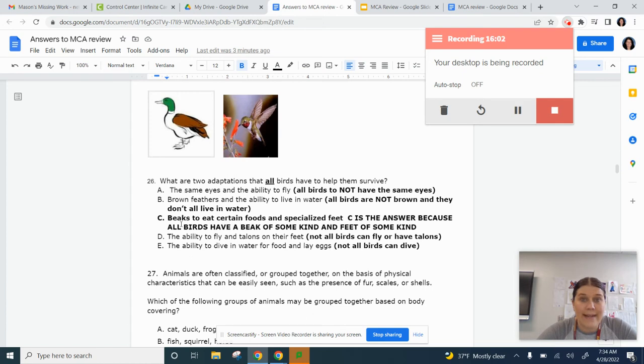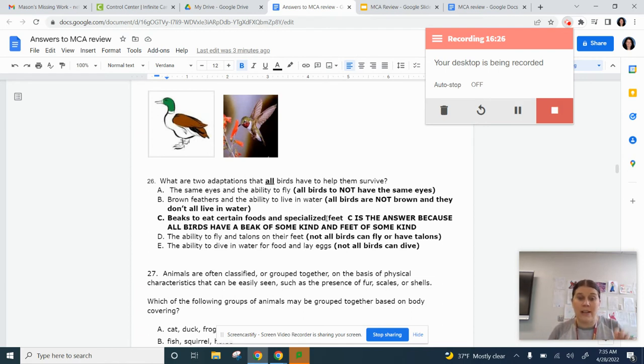All birds have a beak of some kind to eat things, and they all have feet of some kind to do different things. Some have talons, right, to grab things. Ducks have webbed feet to swim and move around. Some little birds have feet that'll grab onto twigs or branches so they can hold on.